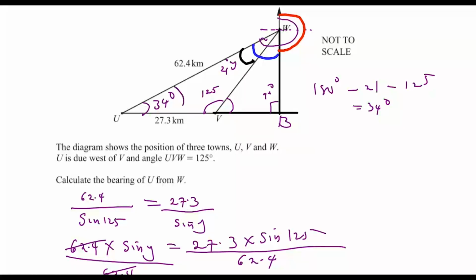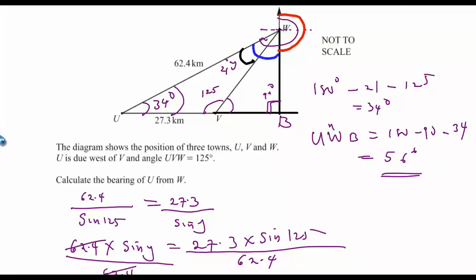Now I know this angle u to be 34 degrees, and this is already 90 degrees. So we can find the value of the blue angle there. We want to find the value of angle UWB. That's the blue angle. That will be 180 minus 90 minus 34, or you can simply say 90 minus 34 to get the answer straight away. That will be 56 degrees.